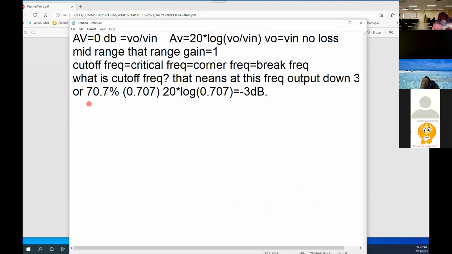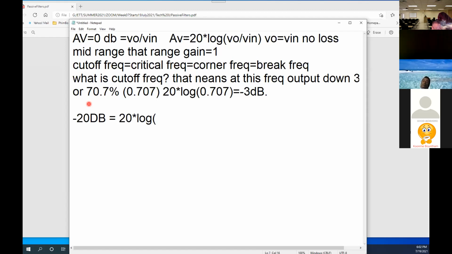Okay, then I can tell you minus 20 dB will be equal to 20 log of what number?